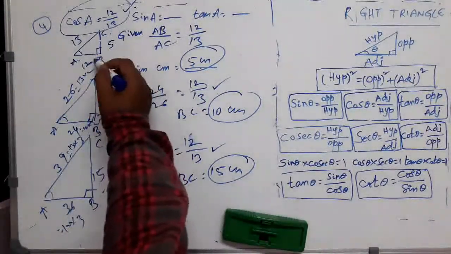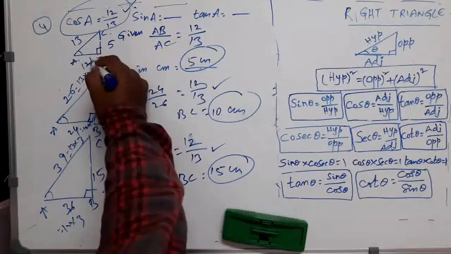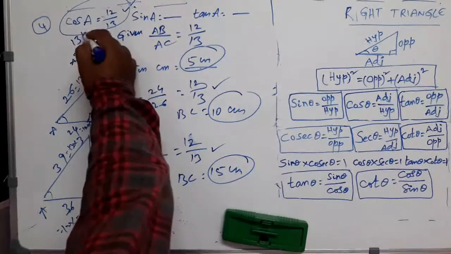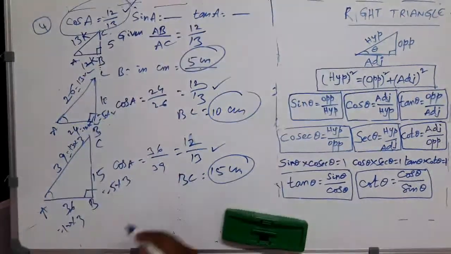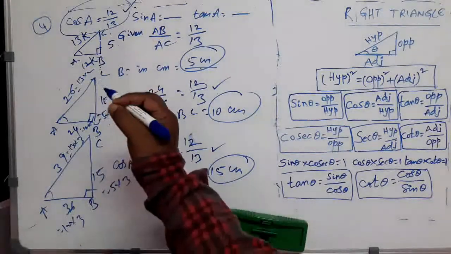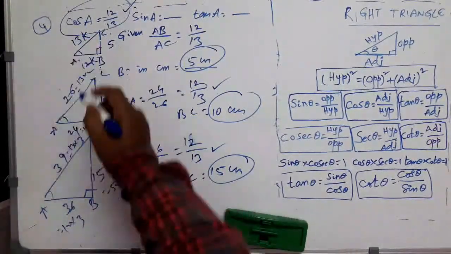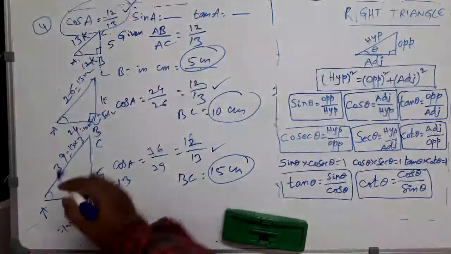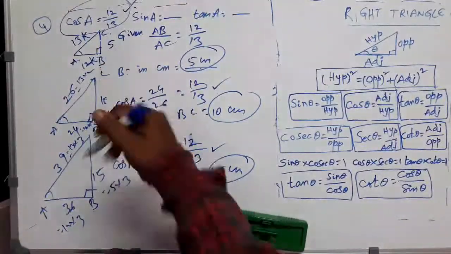Cos A is 12 by 13. We can say that 12k and 13k are the lengths of sides, adjacent side and hypotenuse, for some positive value of k.